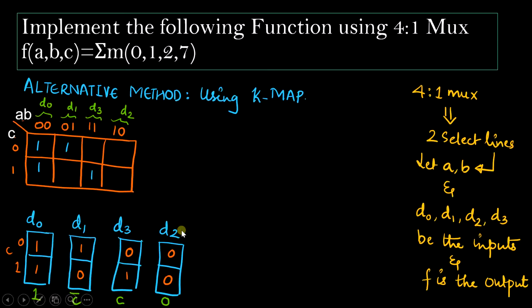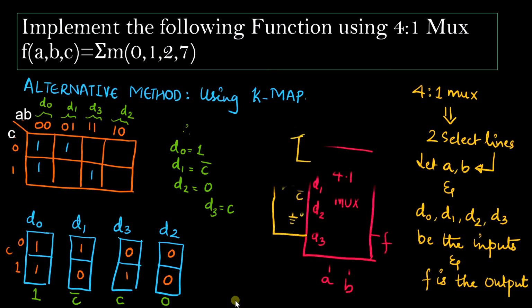And in the case of D2, irrespective of the variable C, output is equal to 0. So in short, I can write D0 equal to 1, D1 equal to C bar, D2 equal to 0 and D3 equal to C. And the 4:1 mux will be represented in the same manner like the one which we have seen earlier.